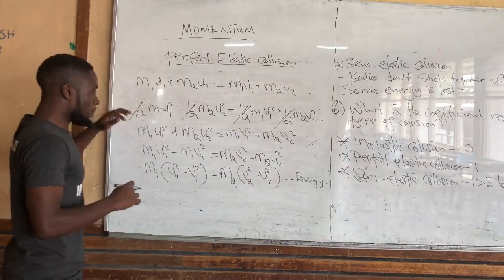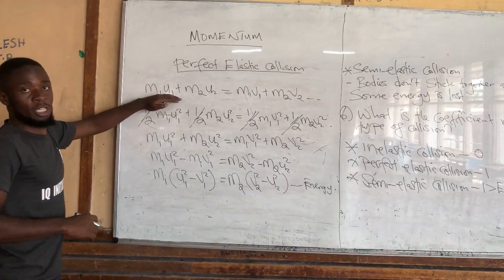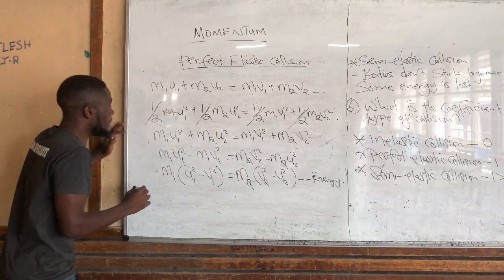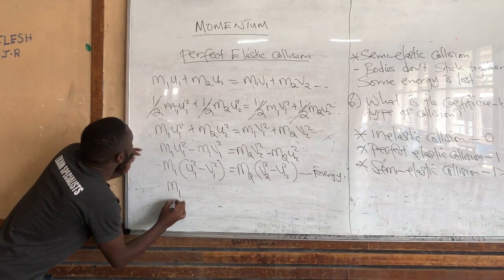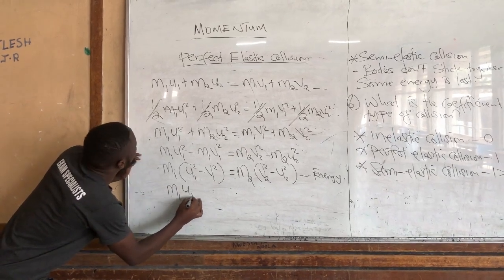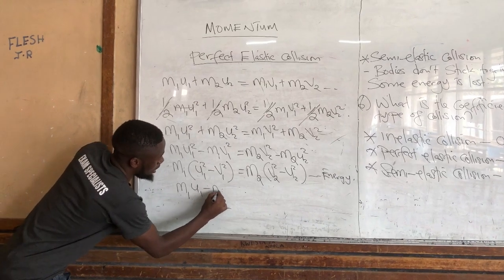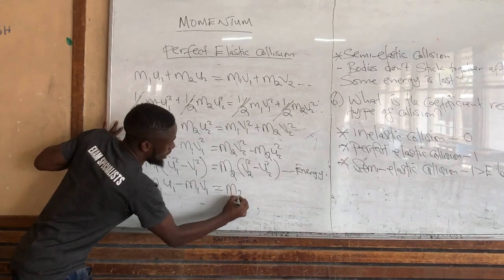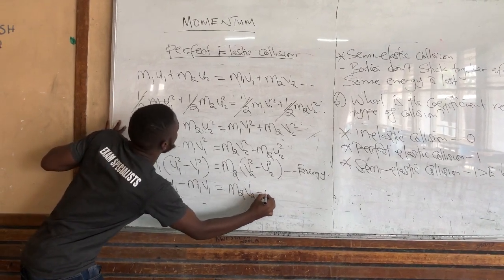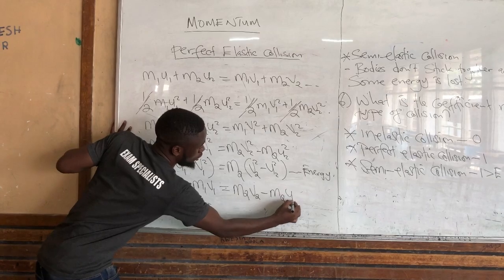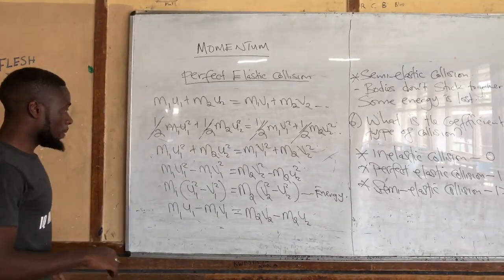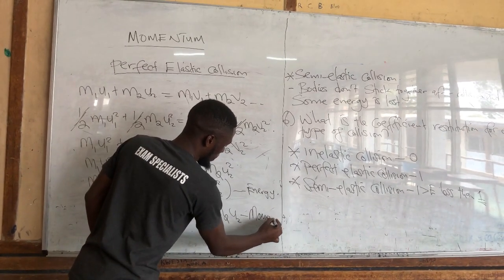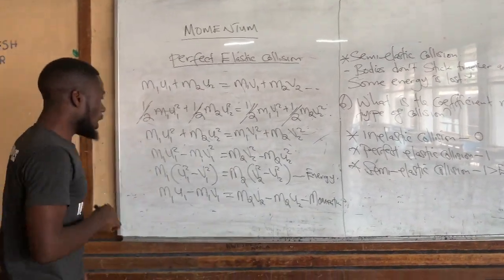Let's do the same for the equation for momentum. The terms with M1 come to this side, and the terms with M2 go to the other side. So M1 U1 minus M1 V1 equals M2 V2 minus M2 U2. This is for momentum.